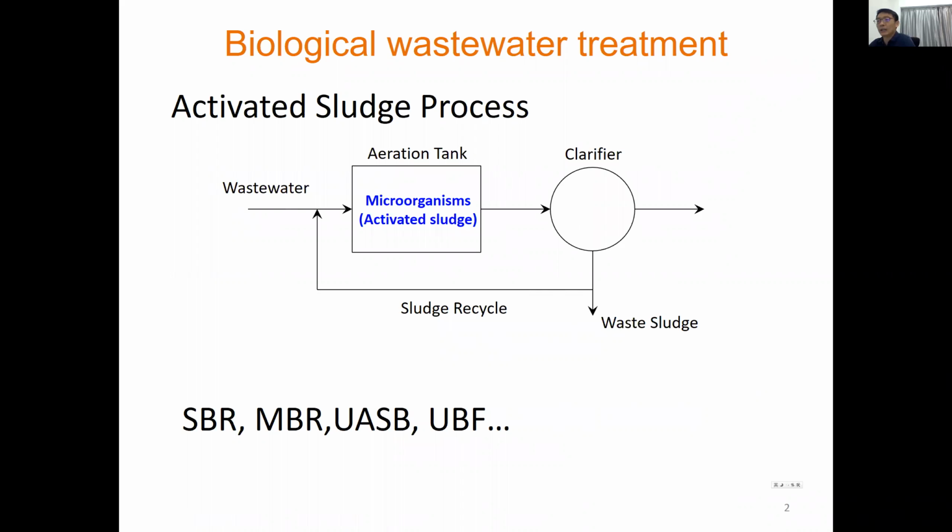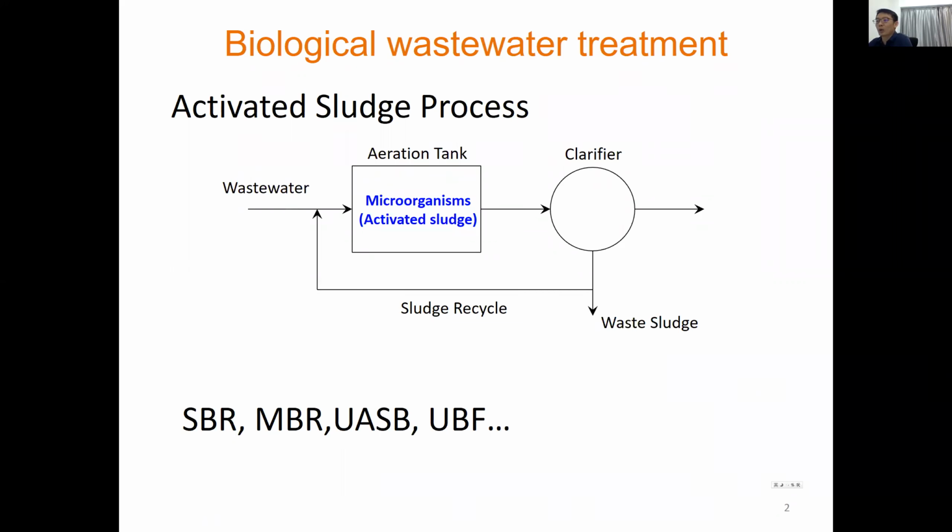But now it is still widely used in many wastewater treatment plants, especially in some municipal wastewater treatment plants. The process is very simple. The wastewater goes into the aeration tank where the microorganisms, also called activated sludge, remove the pollutants. Then the activated sludge and the treated water are separated in the clarifier.